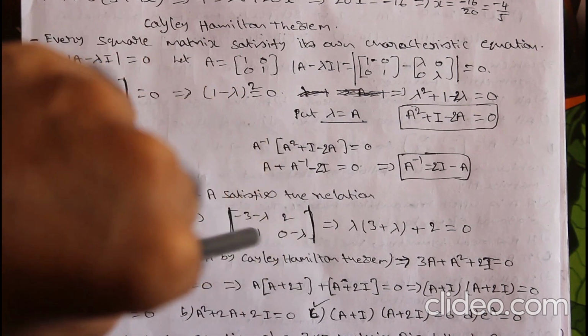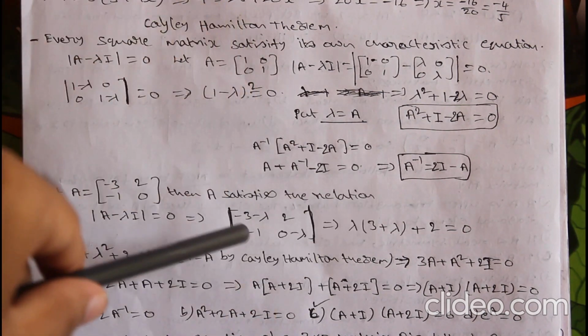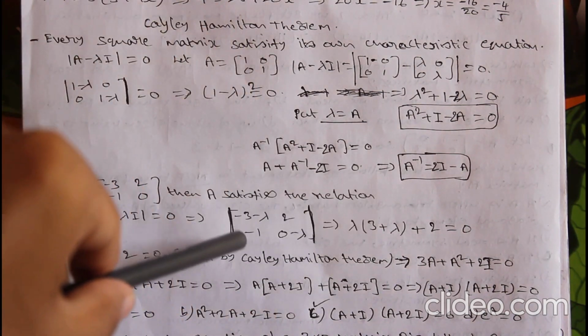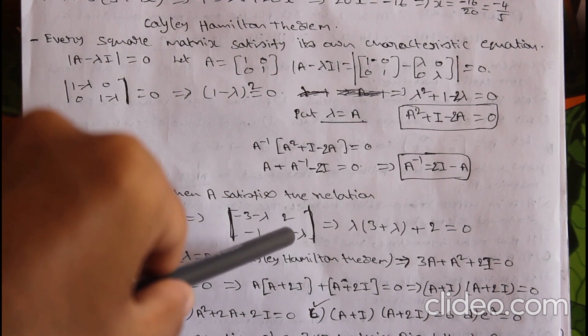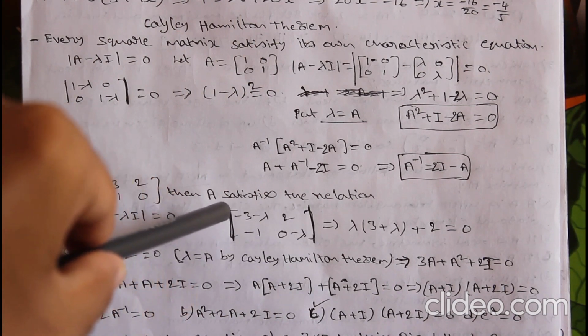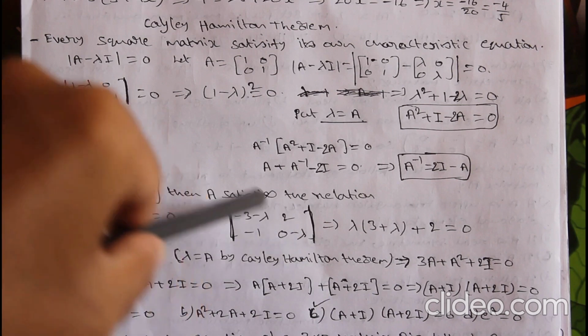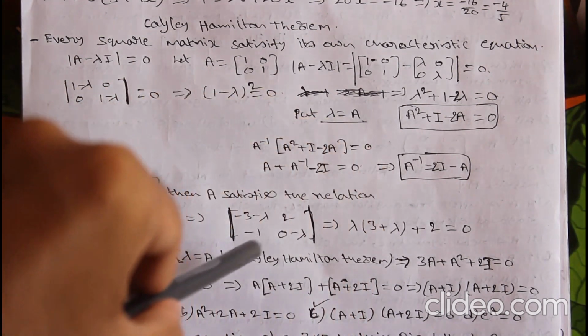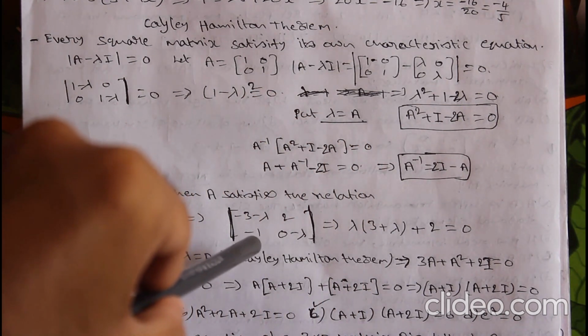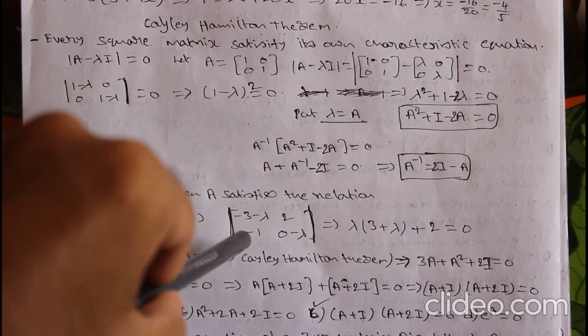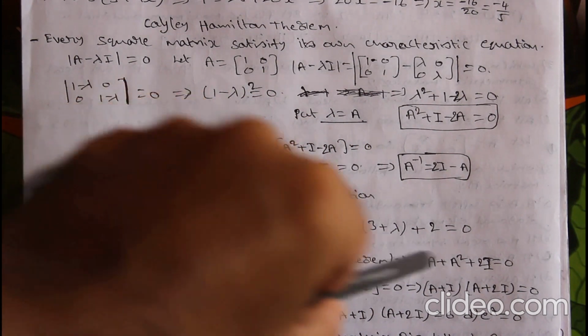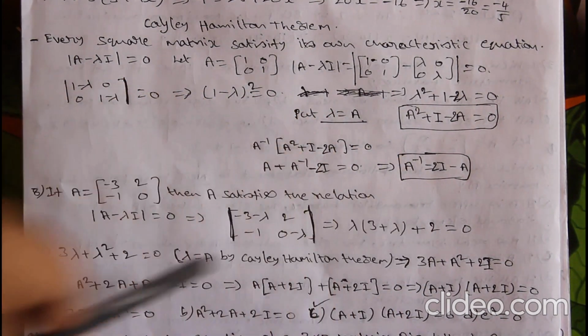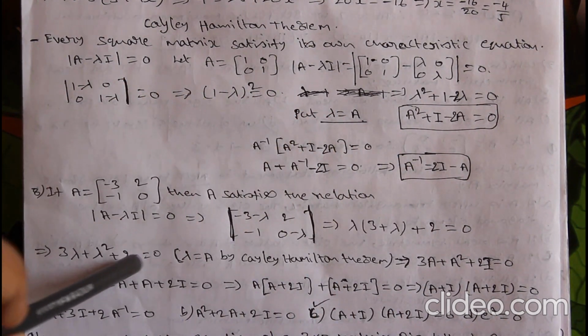Multiply minus lambda into minus 3 minus lambda; the minuses cancel, so lambda into 3 plus lambda. Then minus 1 into 2, with the minus already there, gives plus 2, equal to 0. Expand this: lambda square plus 3 lambda plus 2 is equal to 0.